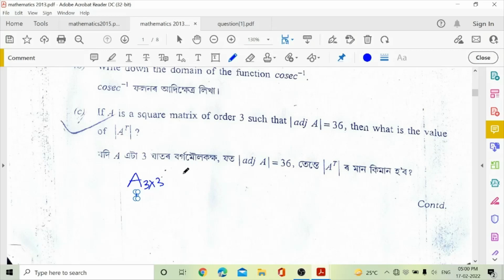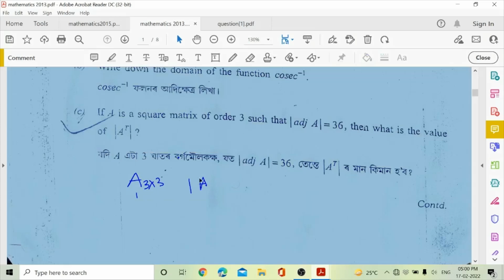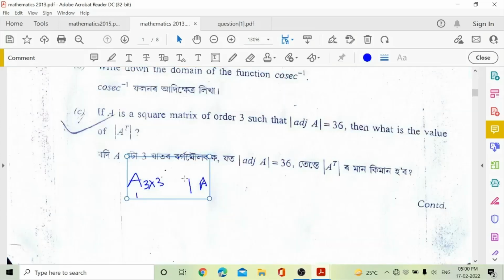We know that determinant of... actually here, what is given to us is that A is a 3 by 3 matrix, and it is given that determinant of adjoint of A is equal to 36.